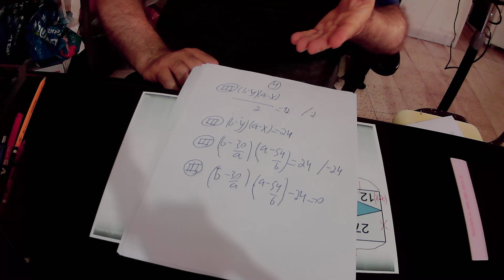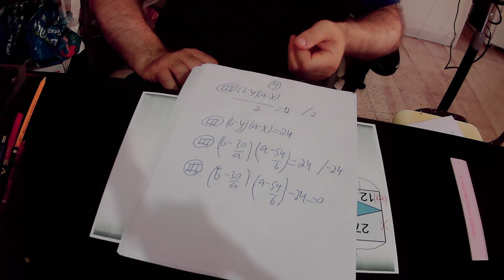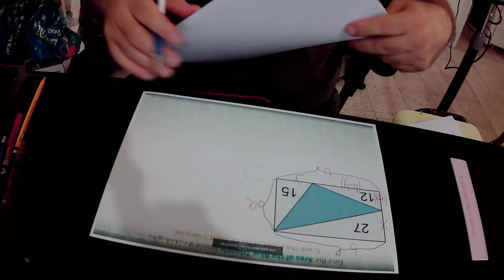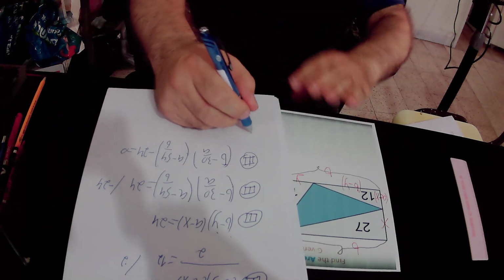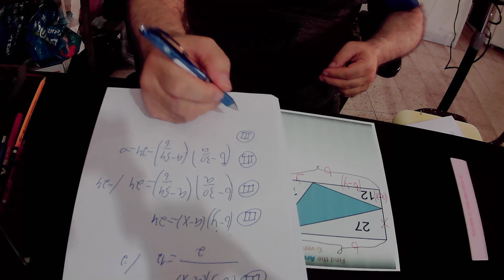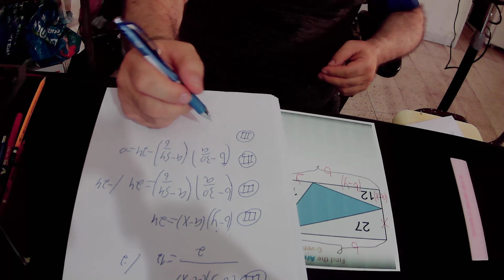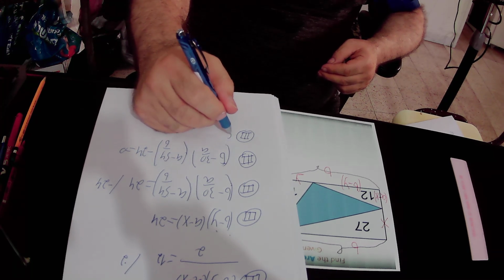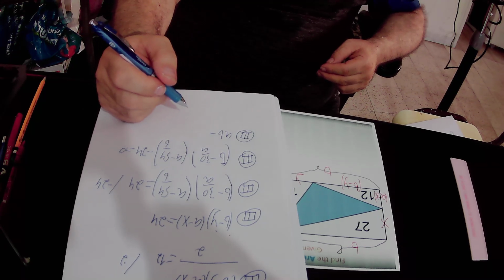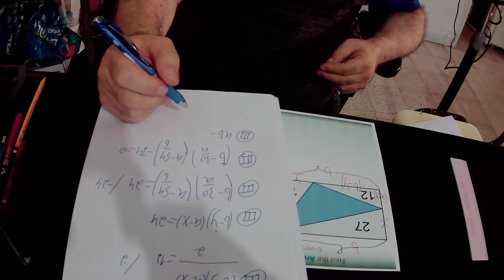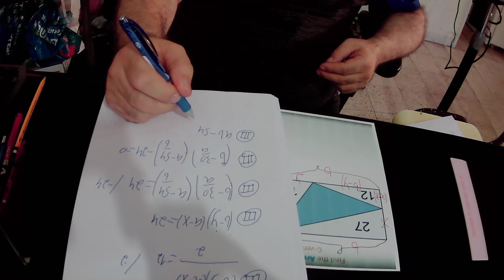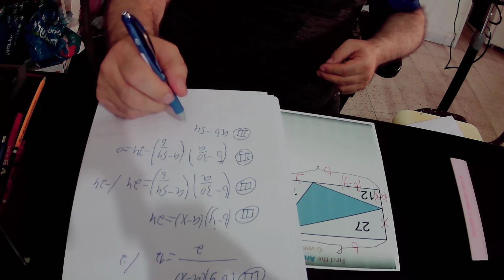In the next step, we will open the brackets. B times A is BA or AB, minus b times 54 over b, which is negative 54. Negative 30 over a times a is negative 30.